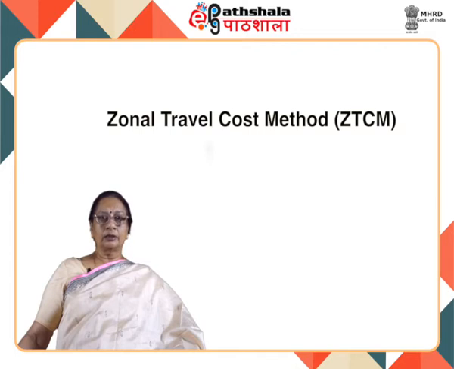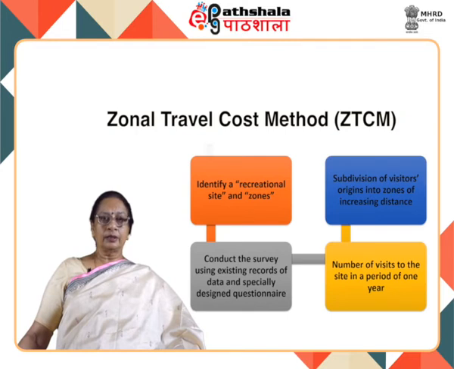To calculate the economic benefit of a recreational site using ZTCM, the zonal demand function for the site is estimated. This is usually done by following steps given below. First, identify a recreational site and zones surrounding it. Zones may be identified by geographic divisions such as metropolitan areas surrounding the site at different distances.